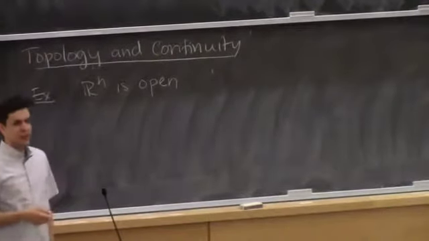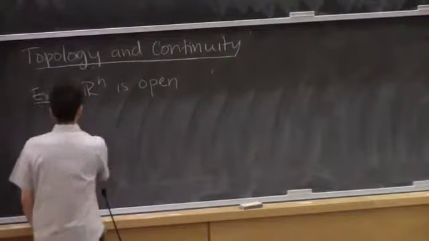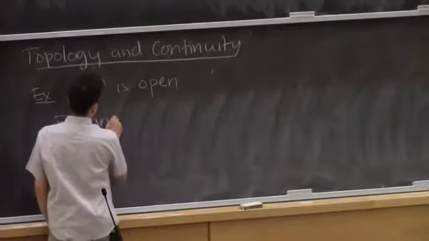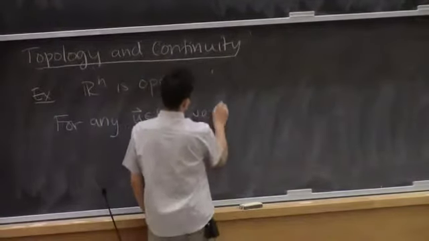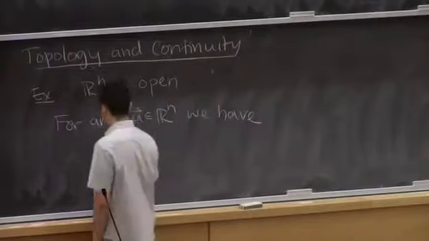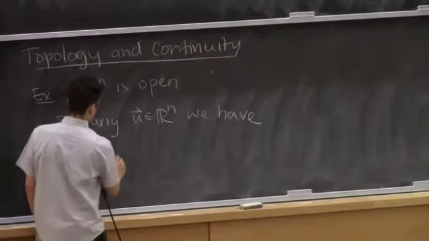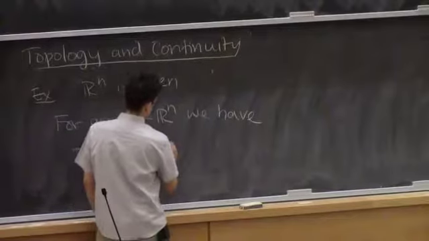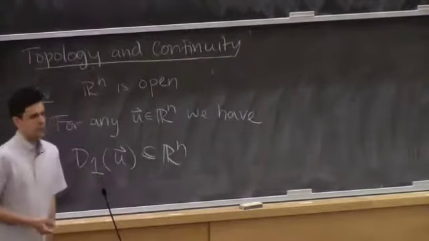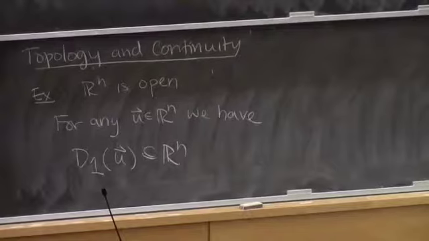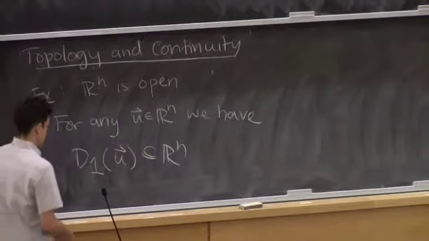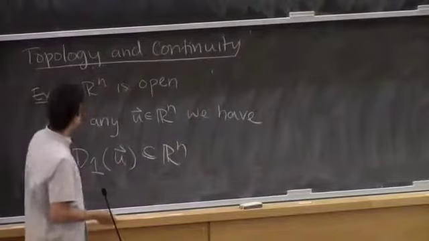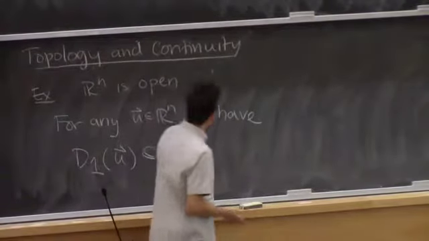Any point in Rn is contained in some disk. For any point, we have that there's a ball of radius 1 around that point. So all of Rn is open. We could pick any radius we want, and I pick 1 because it's a really nice number, I guess. So that one's open.